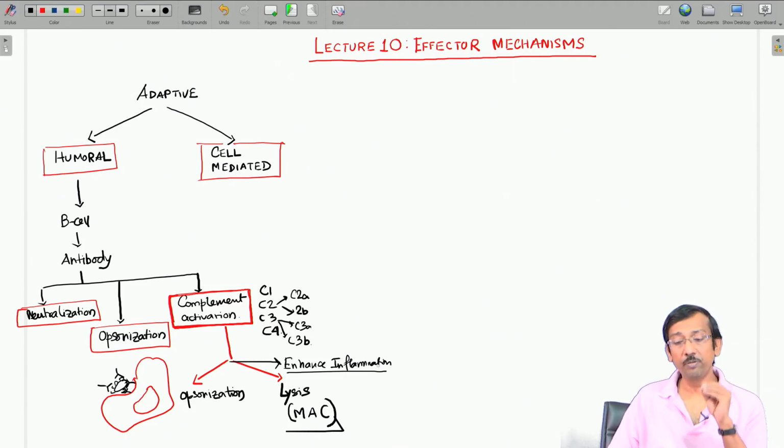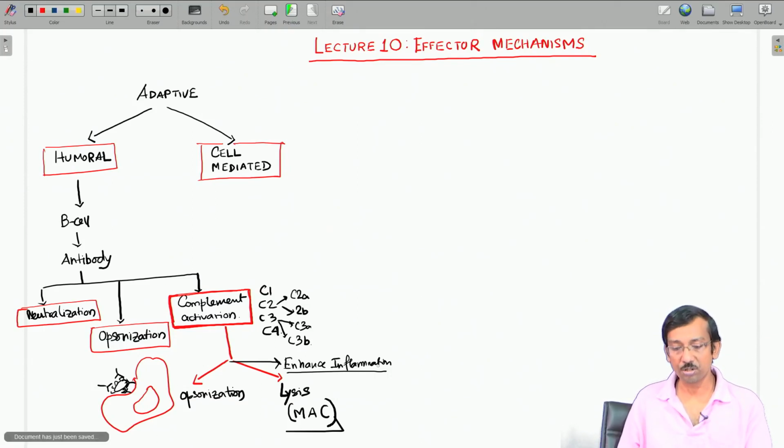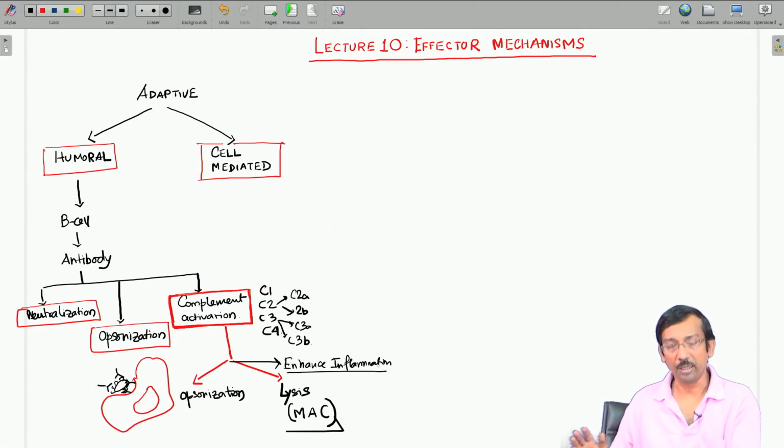There are complement cleavage products like C3A, C5A, C4A, which work as chemoattractants. They are sometimes also known as anaphylatoxins, and they help in enhancement of inflammatory responses. So primarily, activation of the complement proteins can lead to opsonization or lysis of the cell by formation of the membrane attack complex.